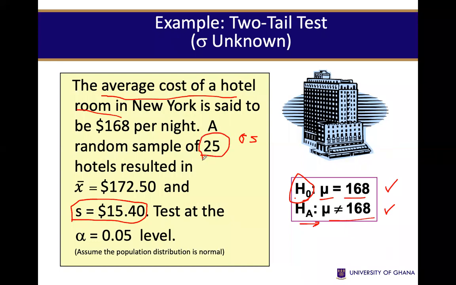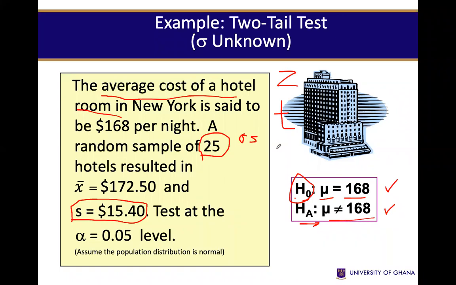But for the purpose of this course, let's take this sample size to be small. So when we are dealing with such a small sample, the distribution that is going to help us identify the critical value will no longer be a z, but a t.